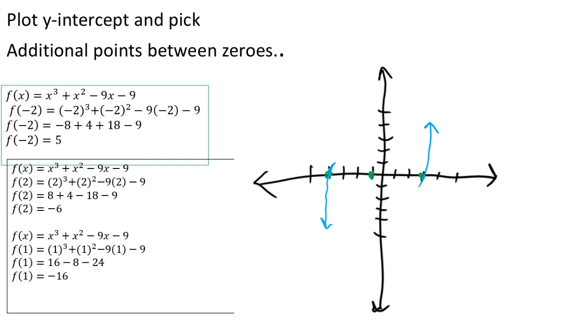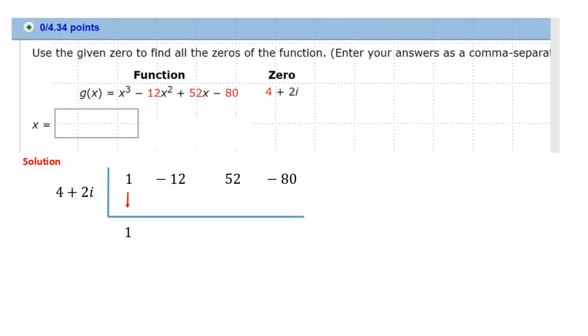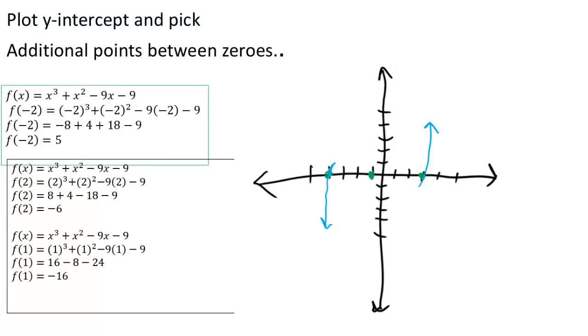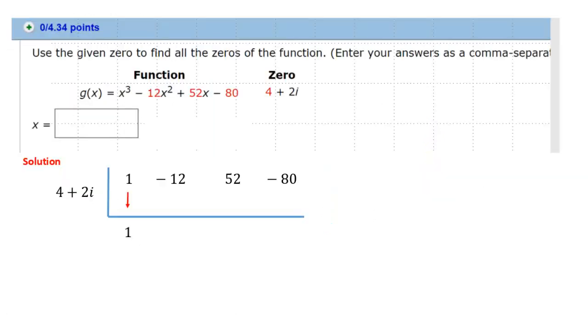In my case, I picked 2 and 1 to get a better feel for the behavior of this graph. When I plug my values in, I can better graph my function. Okay, any questions? All right, let's move forward.